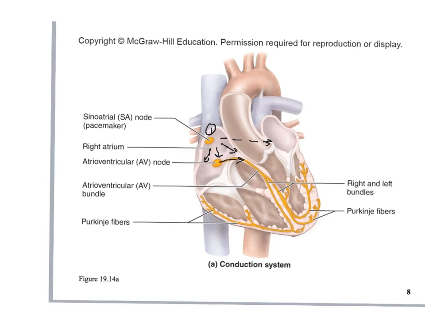Wired. Okay. The connection between the bundle from the AV node to the bundle of His is a wired connection. Now through these Purkinje fibers, the electrical impulse spreads down through these fibers and around the ventricles in a very rapid transmission, causing the muscle cells in the ventricles to contract.